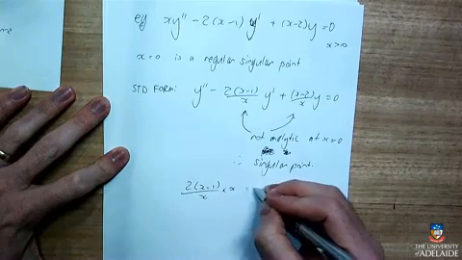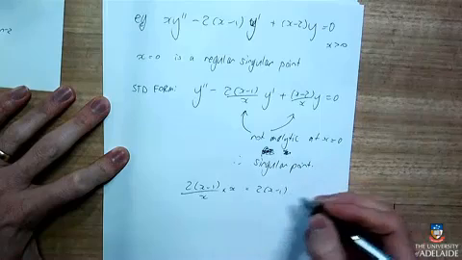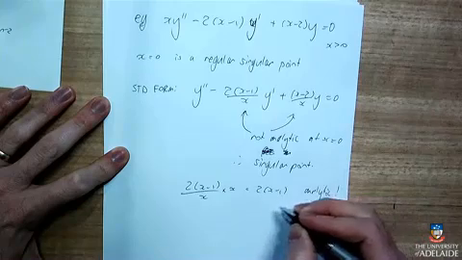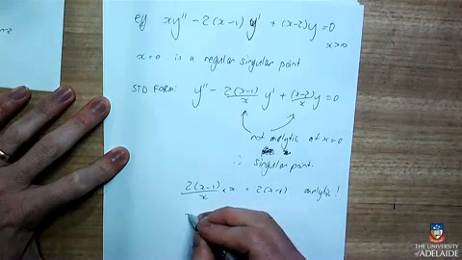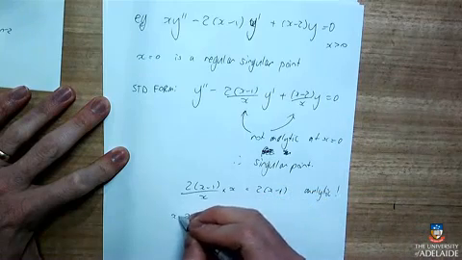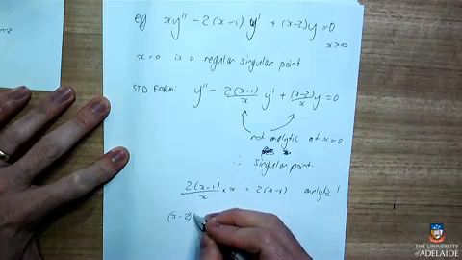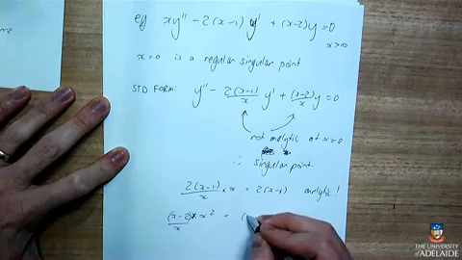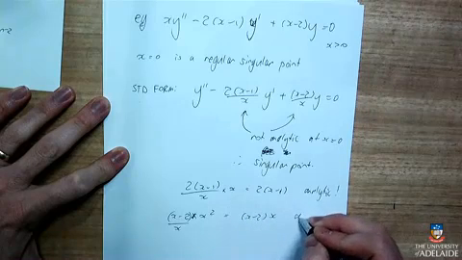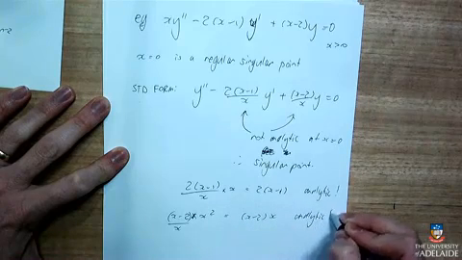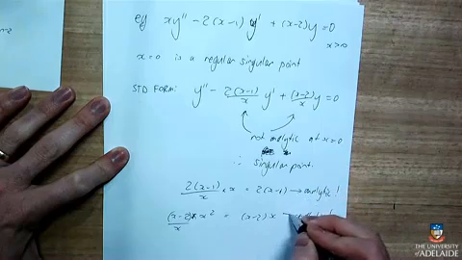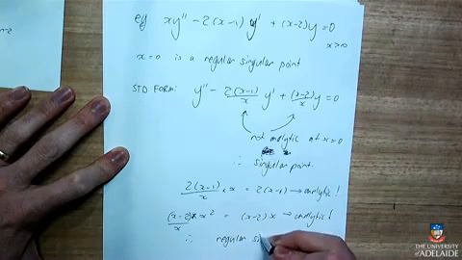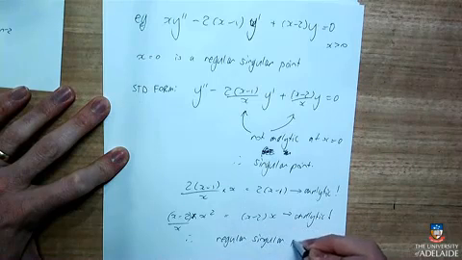Times x is 2x minus 1, which is analytic. And x minus 2 over x times x squared is x minus 2 times x, which is analytic. And therefore it's a regular singular point.